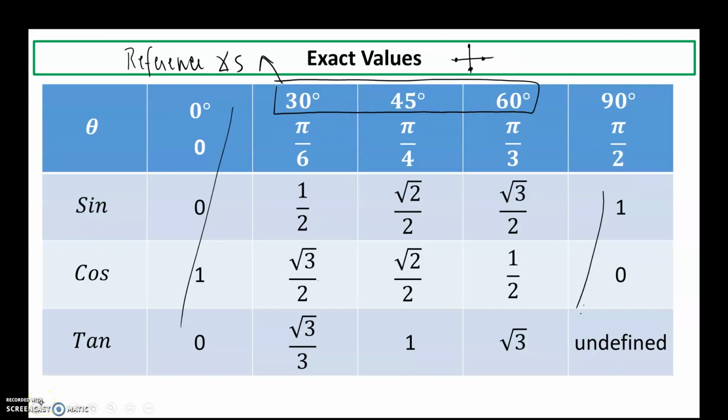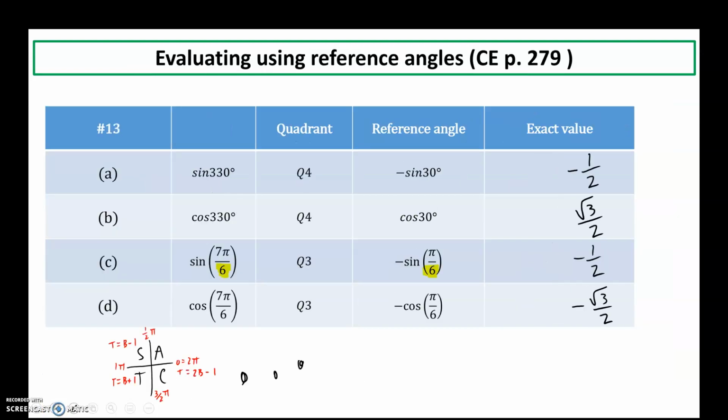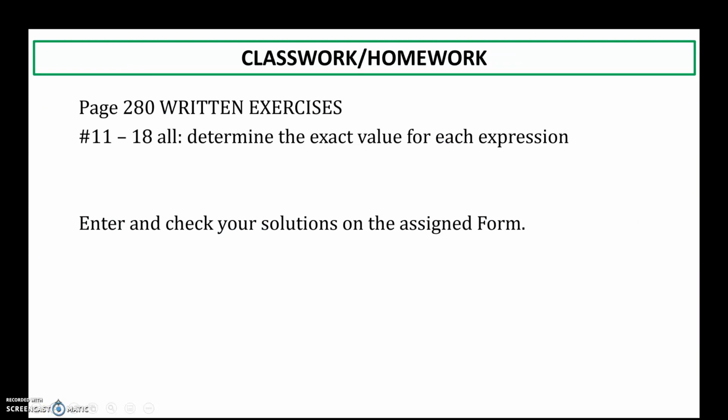I'm going to do a couple examples of determining exact values on the unit circle, because I'm sure that's on there. Okay, so if I asked you, what's the sine of pi over 2? Well, pi over 2 doesn't have a quadrant or a reference angle. Pi over 2 is up at 90 degrees on the unit circle.